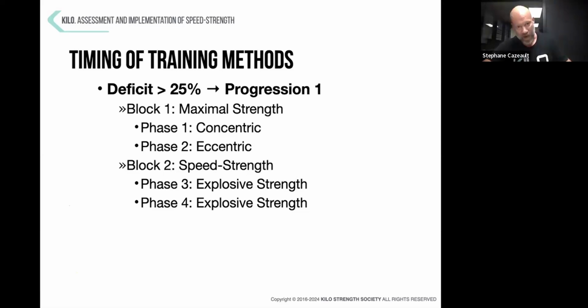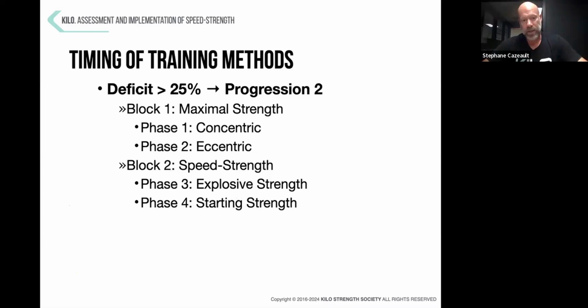The first time you're training explosive strength, phase 3 and phase 4 should be dedicated to explosive strength, but follow the continuum, like I said earlier. So do heavy explosive strength phase 3, and then medium explosive strength phase 4. If you're a little bit more advanced, you might do medium explosive strength phase 3 and light explosive strength, like the ballistic, in phase 4. Okay, but this is your first progression if your deficit is higher than 25%.